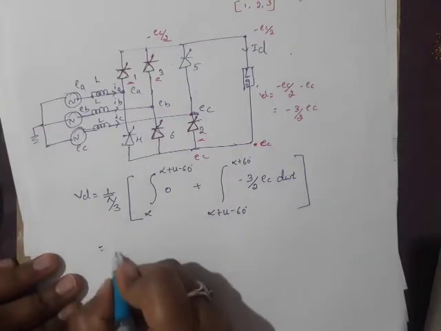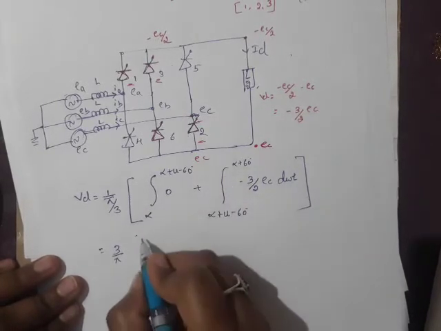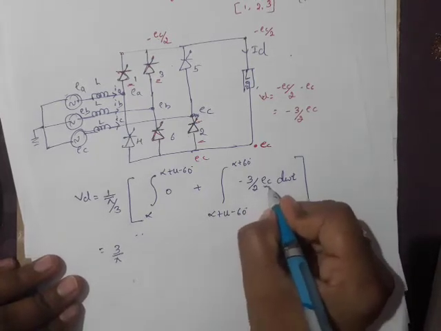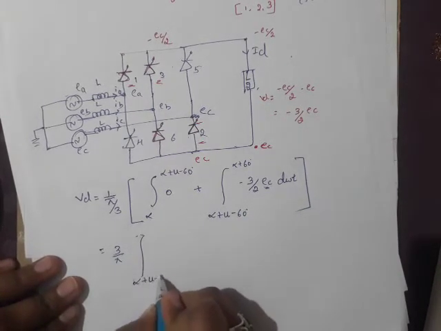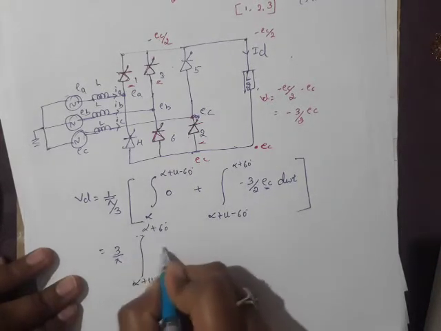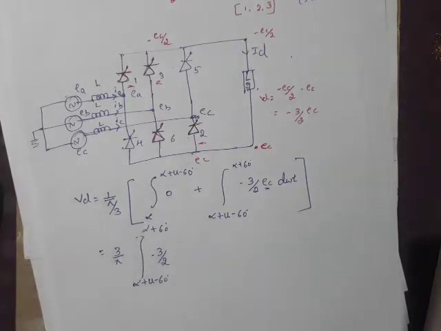1 by pi by 3 will become 3 by pi. This is 0, leave it. Let us substitute for EC. We have a reference voltage EBA. Why have we taken EBA as a reference voltage? Because valve number 3 comes into conduction only if EBA is positive.